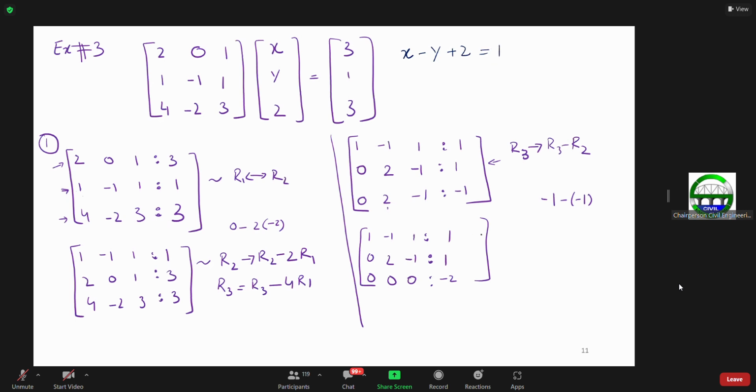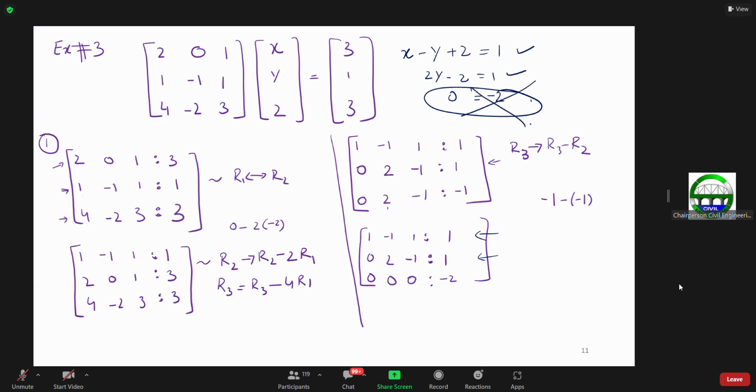The second equation is 2y minus z is equal to 1. And the last is 0 is equal to -2. This is okay, but do you think it is possible? Yes, it is not possible.